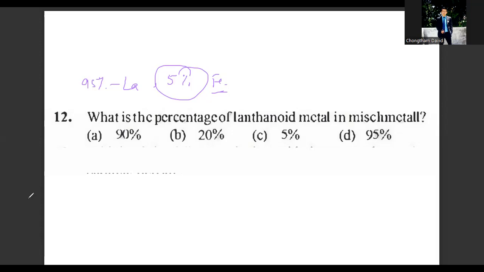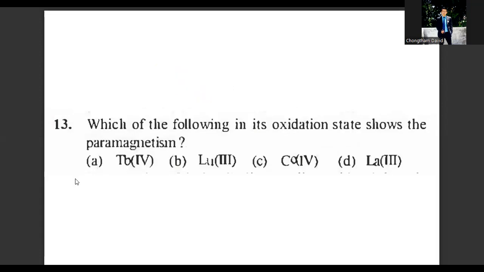Let us move on to question number 13. Which of the following in its oxidation state shows paramagnetism? Terbium, lutetium, cerium, lanthanum. So terbium in the 4 plus state, after losing 4 electrons, has the configuration 4f7 with how many unpaired electrons? 3.